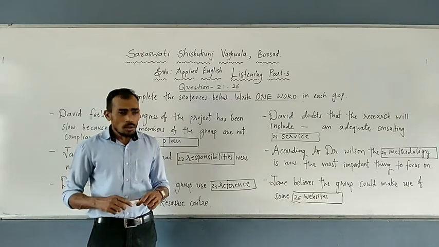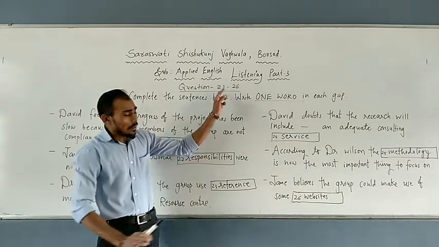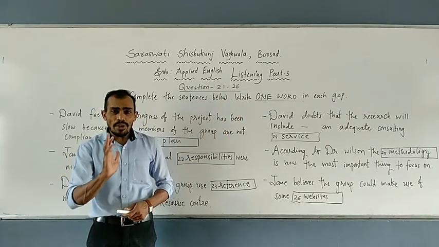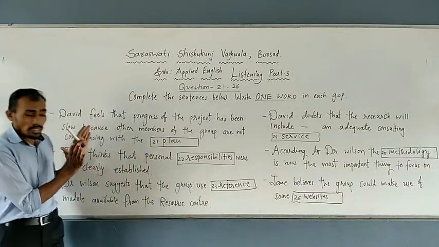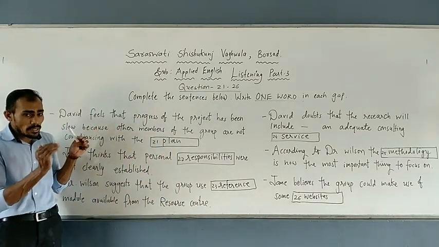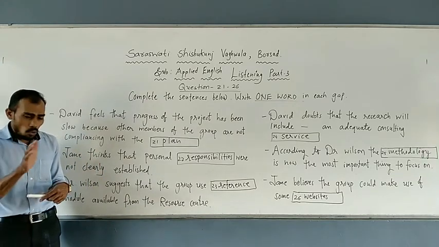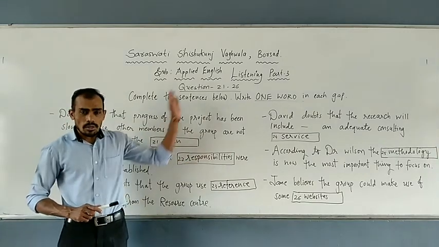I hope you have understood these questions of 21 to 26. Finally, you need to do listening very attentively and focus whenever there is a question. Try to understand how it is being said in the listening or in the audio. I hope, students, once again that you have understood these questions.